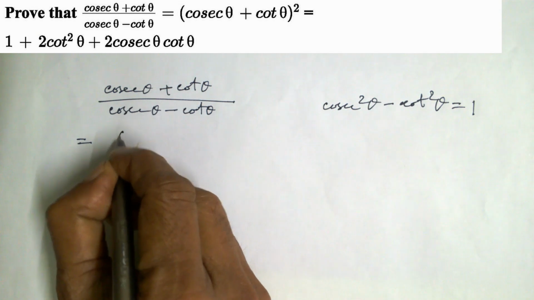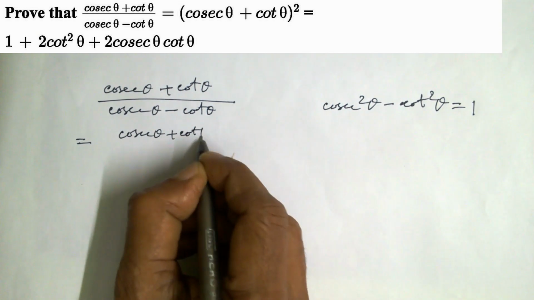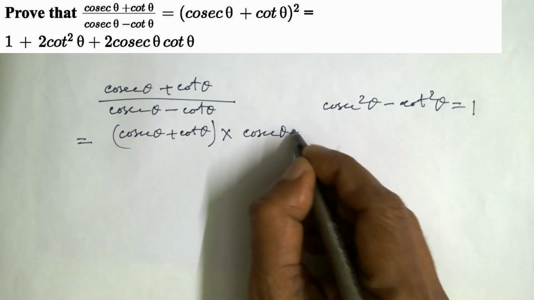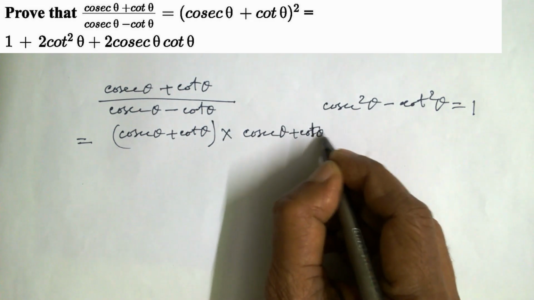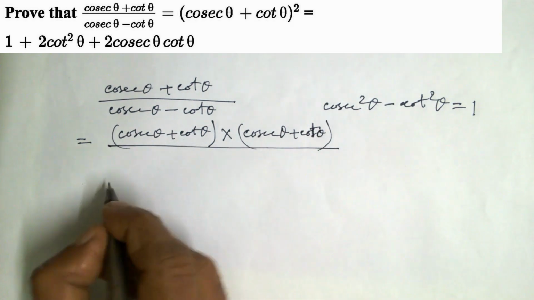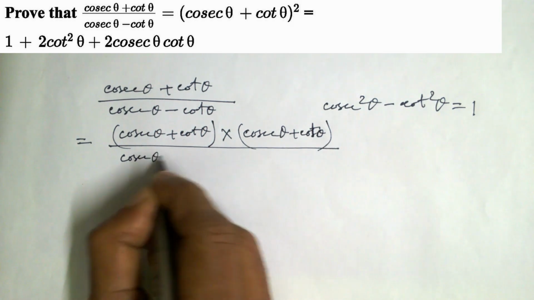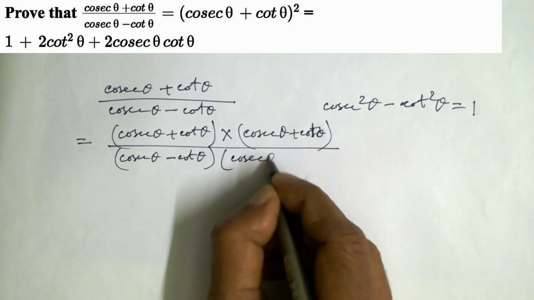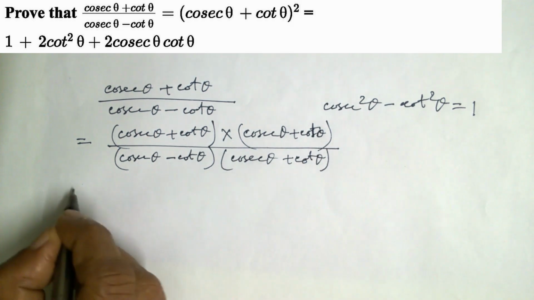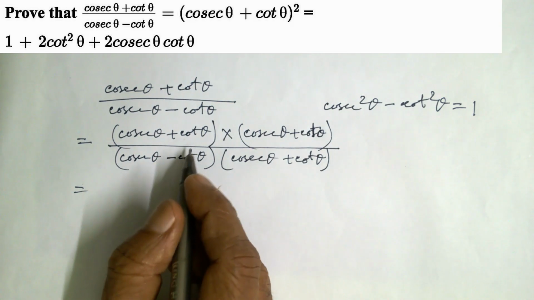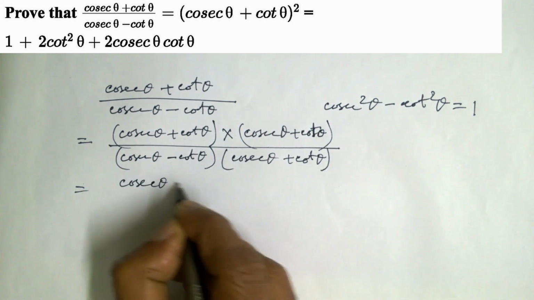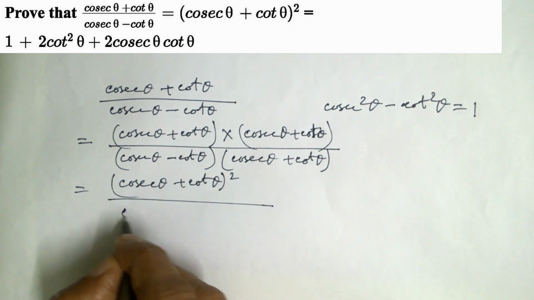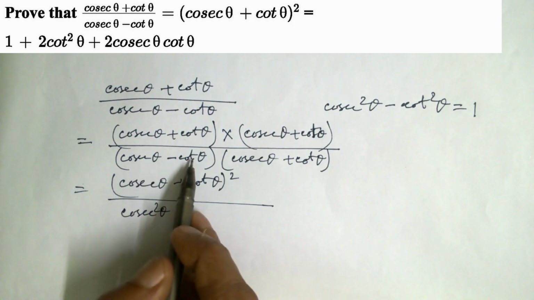So, within bracket multiply denominator, so numerator will be cosec theta plus cot theta whole square and denominator a minus b into a plus b.